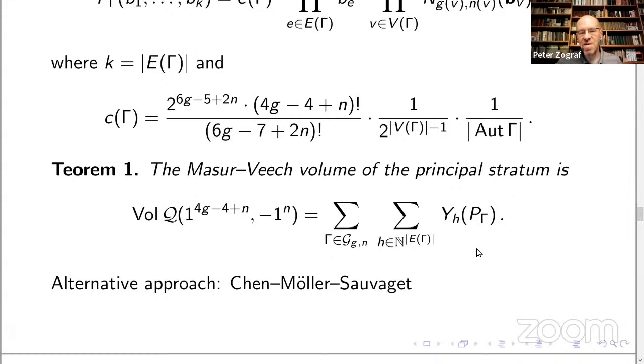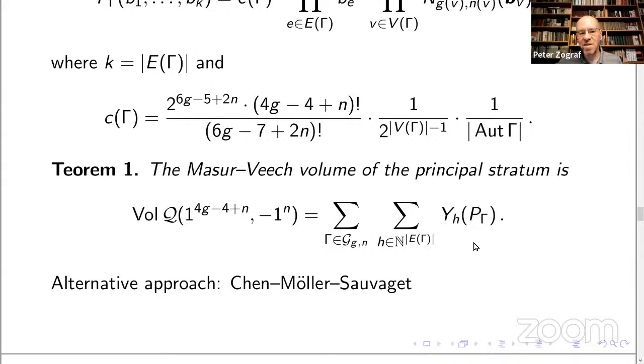This formula has some advantages, namely it gives the volume as the sum of individual contributions over stable graphs. But on the other hand, the number of stable graphs grows rapidly with g and n, and it's not very well suited for computing these volumes.